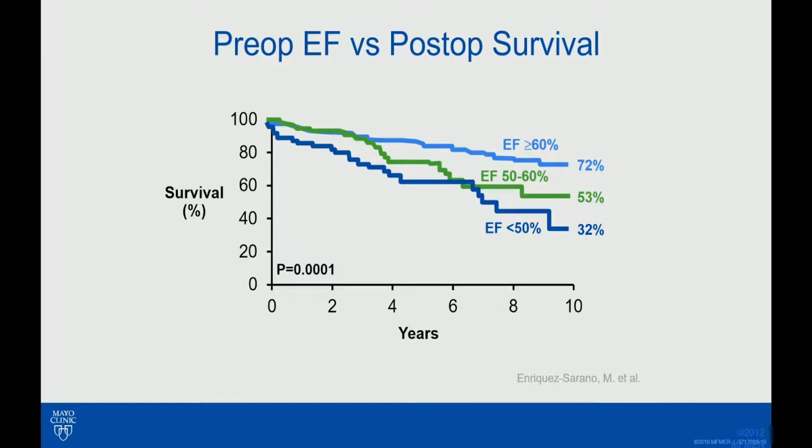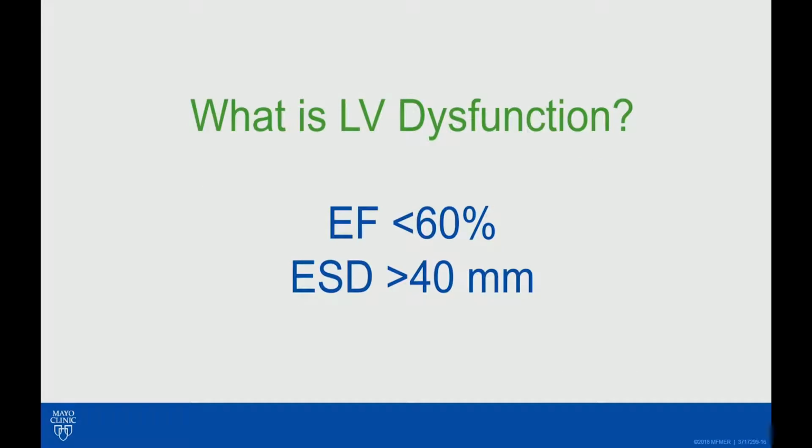So even with EFs of 50% or less, we already see survival dropping off compared to those whose EF is 60% or more. So really, these would be indications in someone who might not be symptomatic that it might be time to intervene before we lose too much ventricular function. In addition to the ejection fraction, the LV dilatation can also be an indicator.